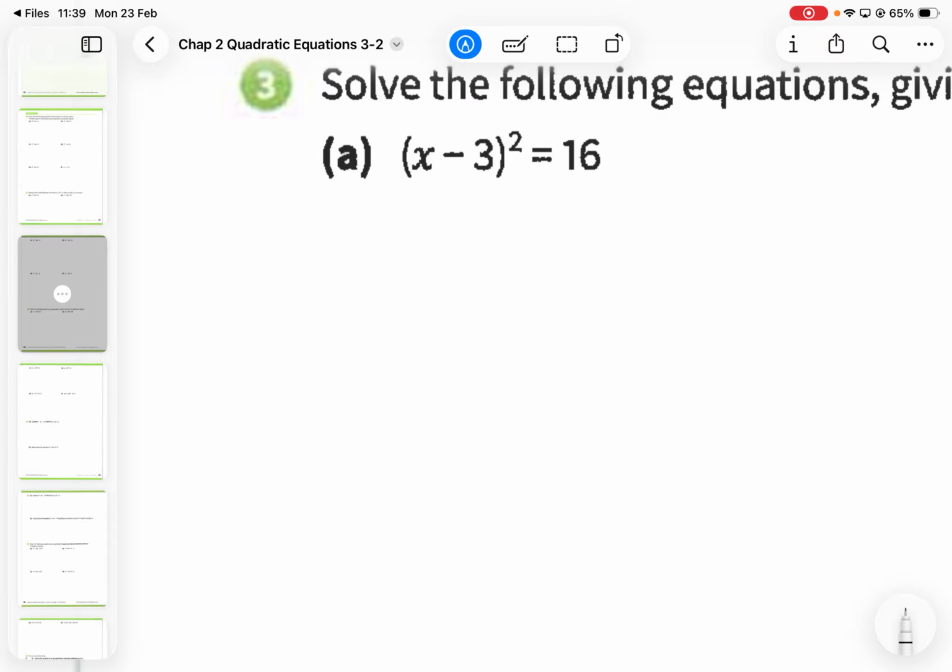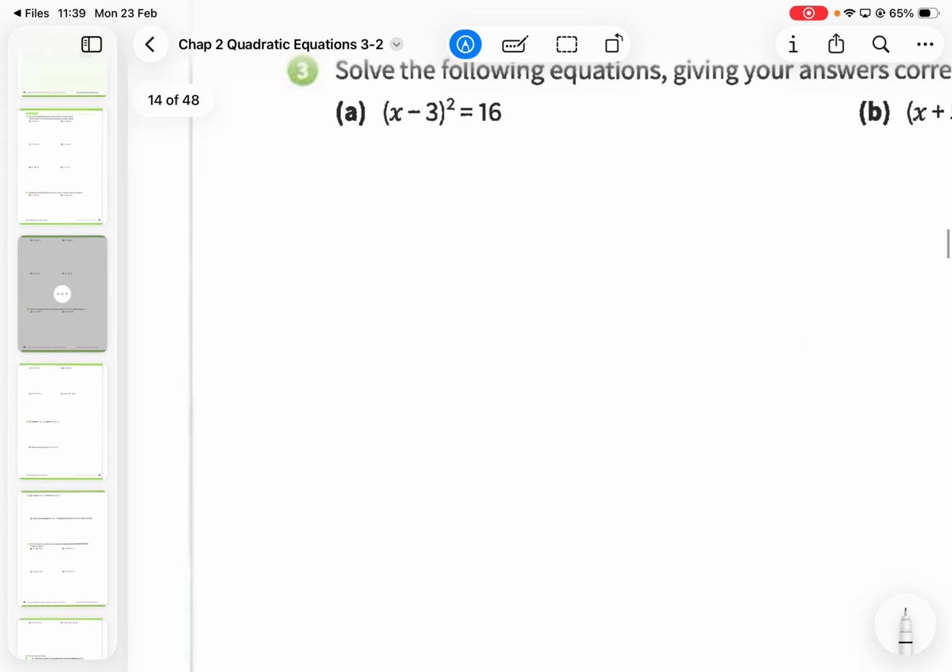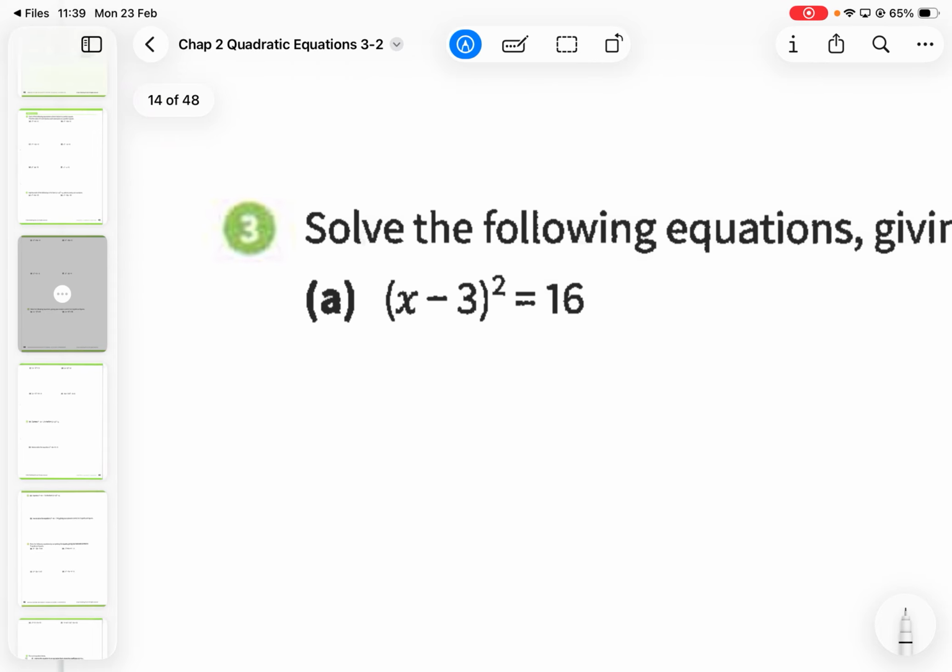Then finally, x minus 5 equals positive square root 12 or x minus 5 equals negative square root 12. This time round, square root of 12 is not a whole number. Okay? So in the end, I need to press calculator.